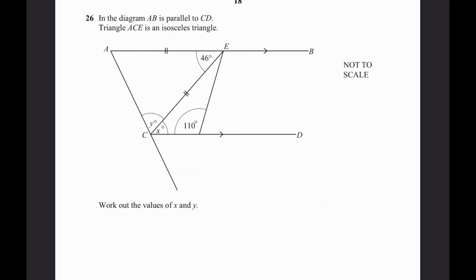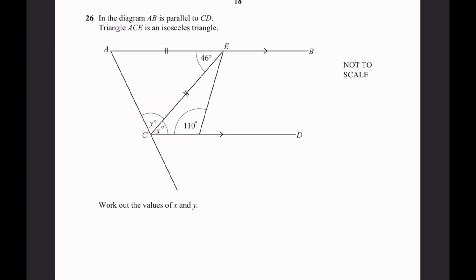Question 26. In the diagram, AB is parallel to CD, which are these two lines. Triangle ACE is isosceles with AE equals CE because of these two lines. Work out the values of x degrees and y degrees.